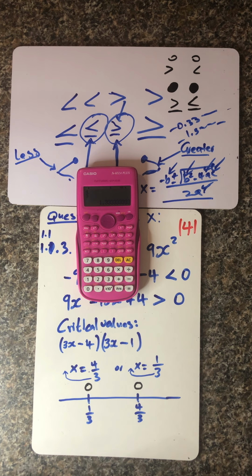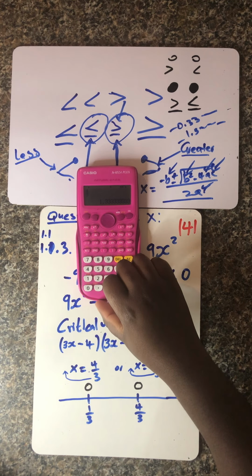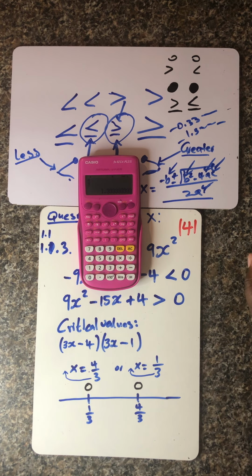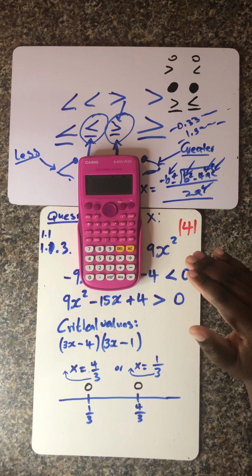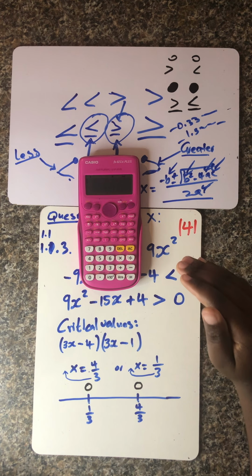So now what we want to do, ladies and gentlemen, is to try and find the values of x where we have a positive number. Let me just show you how you go about this, without being confused by what I've just said.